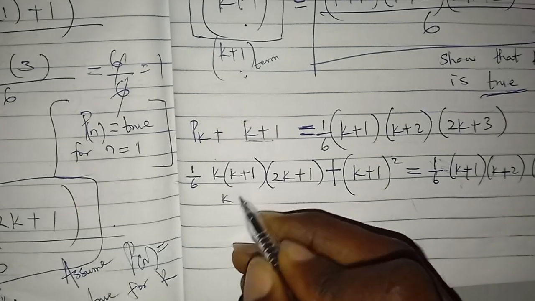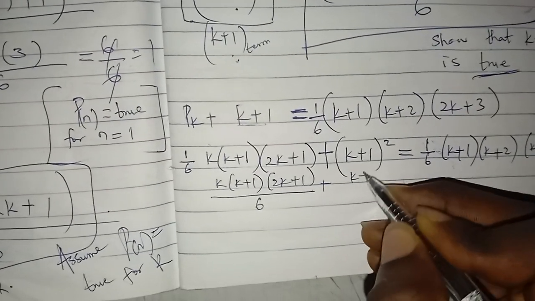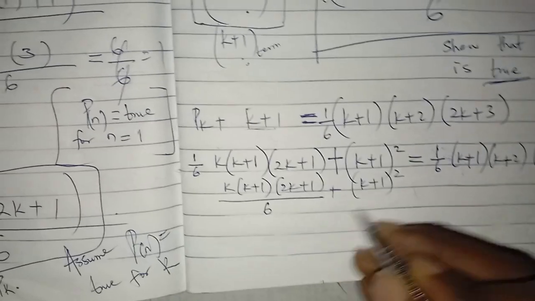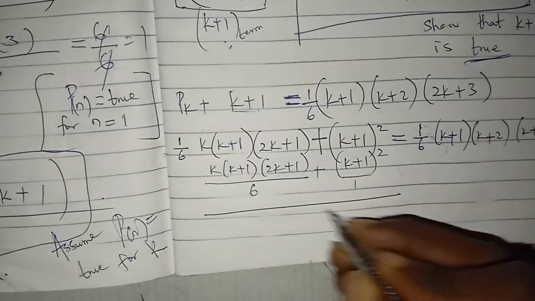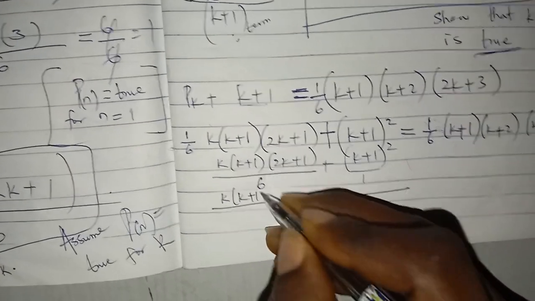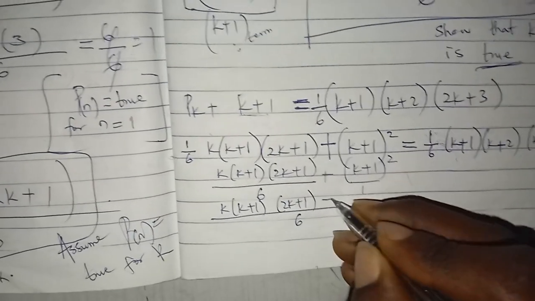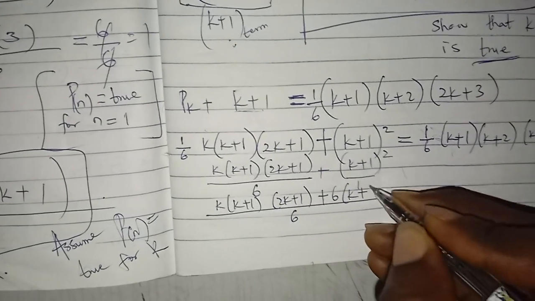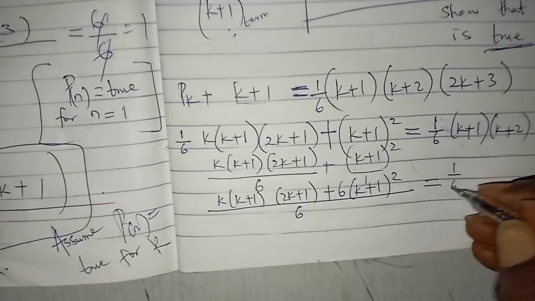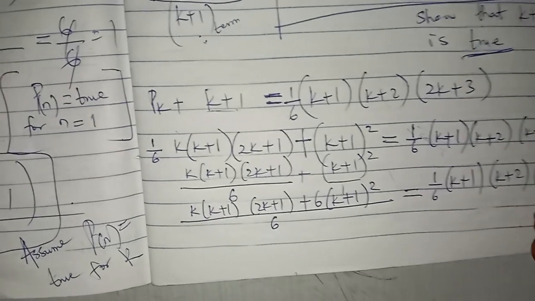This is saying k into k plus 1, 2k plus 1 over 6 plus k plus 1 squared over 1. So this is going to give me 6. So I have k into k plus 1, 2k plus 1, plus 6 times k plus 1 squared equals my right hand side. I will not carry this thing down again. I don't like carrying it down. It's what we are proving. I don't have to be carrying it down.